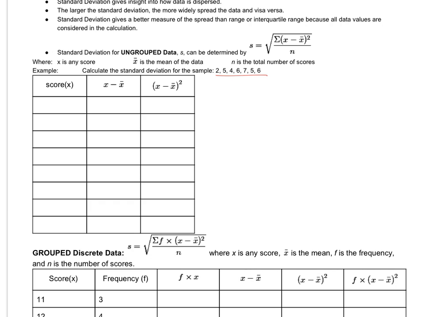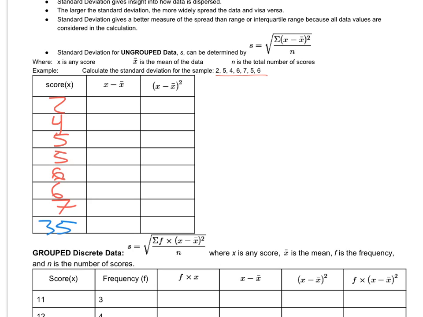So I've got a 2, a 4, 5, 5, 6, 6, and a 7, and that total is going to be 35. I'll make that last column a total column.